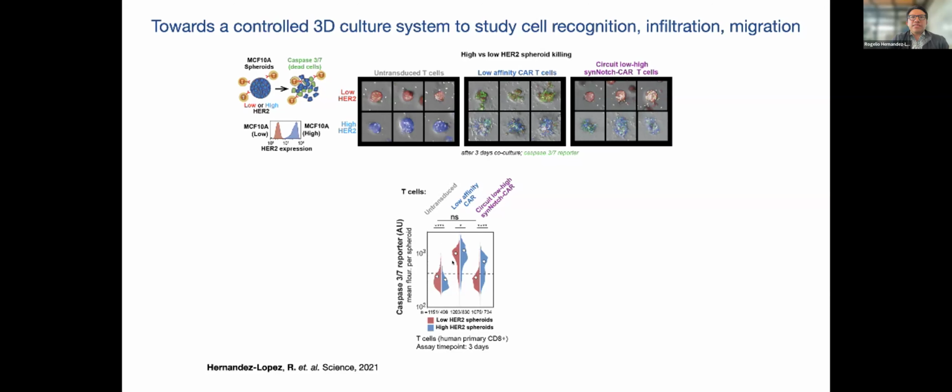Hopefully you can see that again, the T cells that express the CAR all the time on the surface kill both the high and low spheroids. The circuit only kills the high HER2 spheroids, and the low HER2 spheroids are intact, or at the same level that you would find when you use T cells that do not have these receptors.